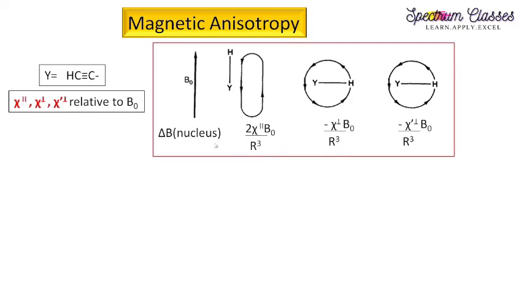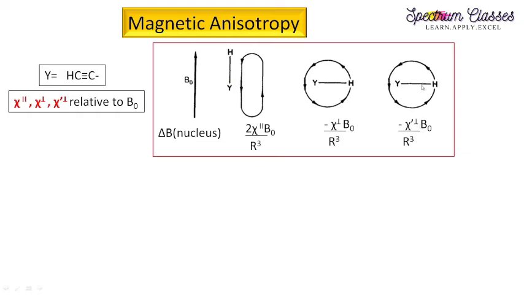Here the delta B at the nucleus can be represented as 2 chi parallel B naught upon r cube. What is r? r is the distance of the H-Y bond. The shielding constant is inversely proportional to the cube of the distance of the nucleus of interest from the induced magnetic moment. Then we have chi perpendicular B naught upon r cube, and again minus chi prime perpendicular B naught upon r cube.